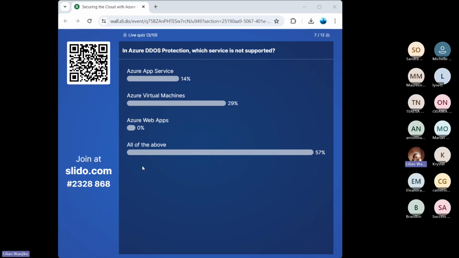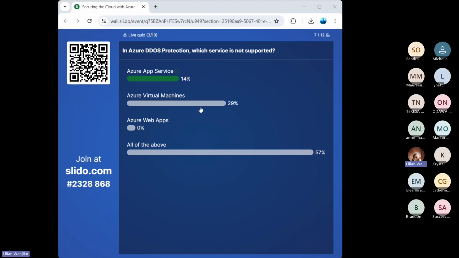I don't know if we gave up or what. Azure Web Apps was not selected, nor Azure Virtual Machines, nor Azure App Service. So the correct answer is Azure App Service. That is the service that DDoS protection does not support.